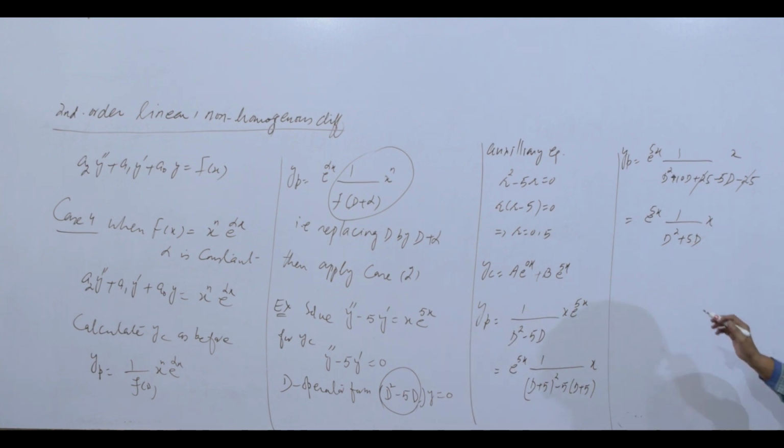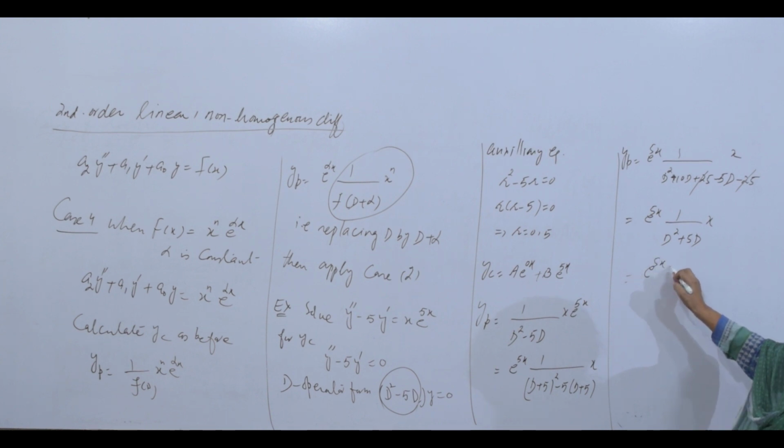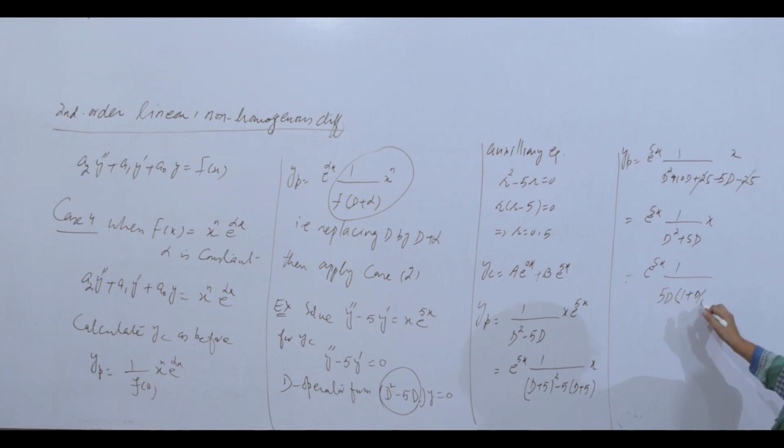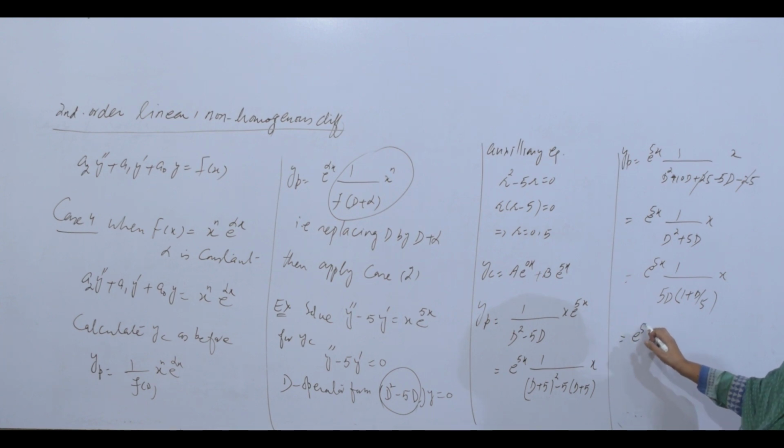10D minus 5D is 5D. Since this is a polynomial, for the binomial expansion one term should be 1. 5D is taken out: 1 plus D by 5, operate on x. E raised to 5x, 1 over 5D, and I am writing 1 plus D by 5 raised to the power minus 1, operate on x.